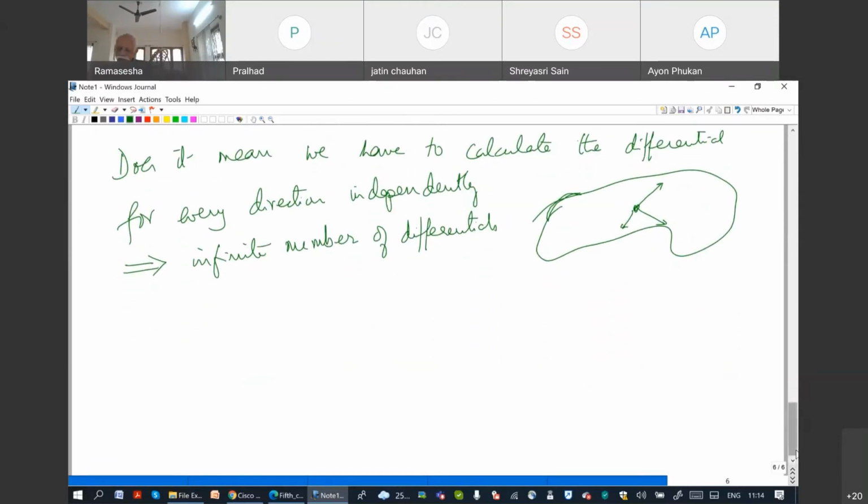Let us see what happens. So let us look at this function f of x comma y comma z.